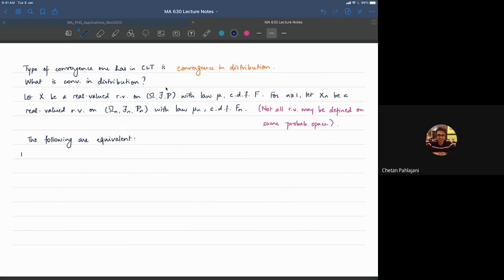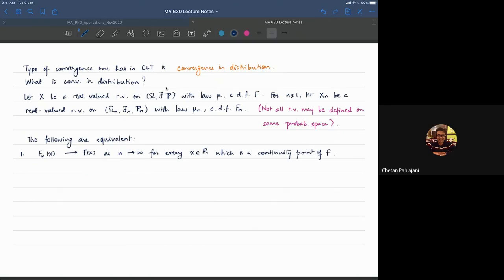Okay, so the first one is the following. Fn of x converges to f of x as n goes to infinity for every x in R which is a continuity point of f.